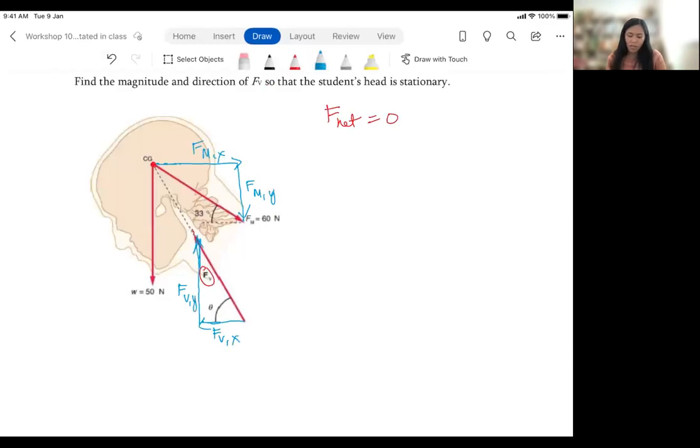Then do net force along the X: Fmx minus Fvx is equal to 0. Along the vertical, you have Fvy, the one pointing upwards, minus Fmy, because Fmy is pointing downwards, minus the weight force, which is also pointing downwards, equal to 0.